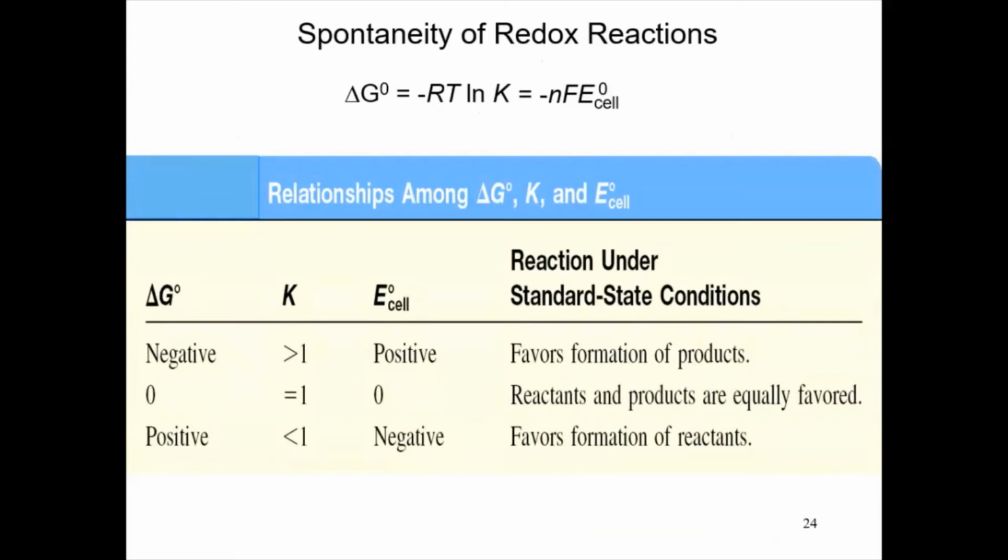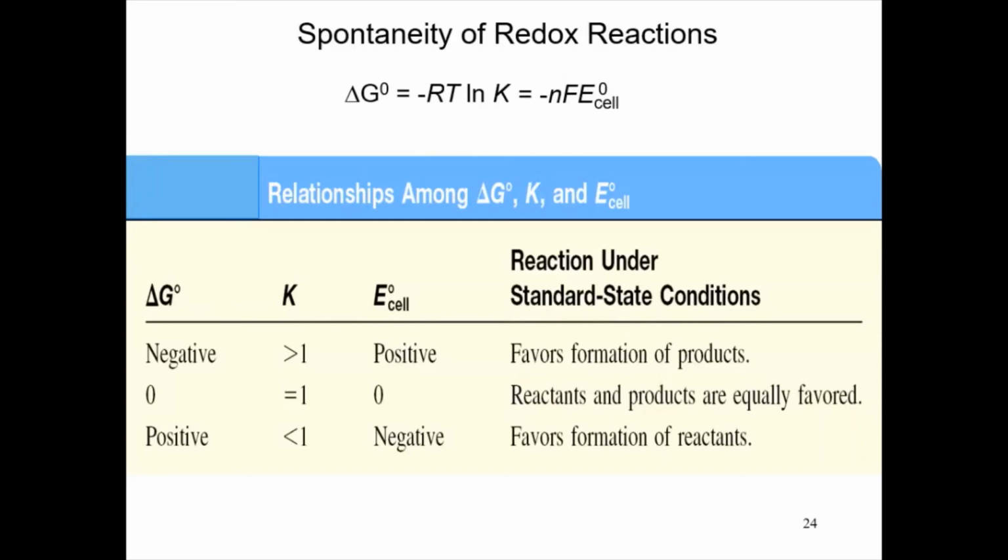A negative delta G means that in order to keep that minus RT log K negative, the log of K has to be a positive number. In other words, K has to be bigger than 1. And at the same time, because the expression on the far right, minus NFE, is negative already, we have to keep the voltage positive. Any one of those represents a reaction under standard state conditions that favors the forward direction, the formation of products.